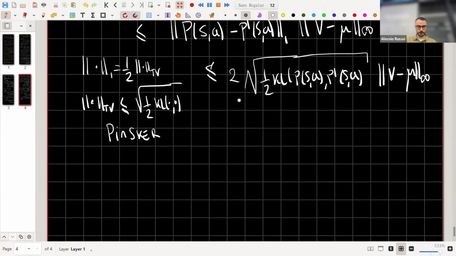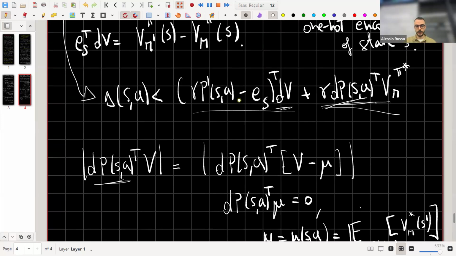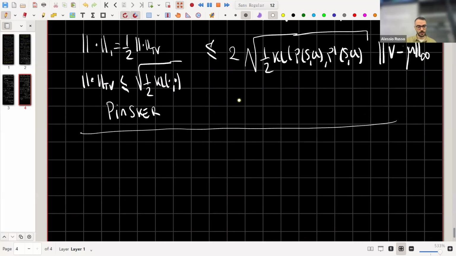So we are going to do a similar thing for the other term now. The other term was dV. So what is dV? For simplicity, I will just write V and V prime. Let's consider some state S. So dV evaluated in S is V of S minus V prime of S, or the reverse, V prime minus V. And we are using the same policy. Remember, we are always evaluating for pi star.